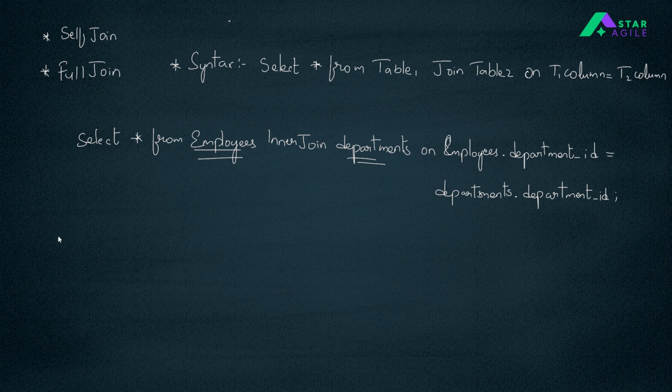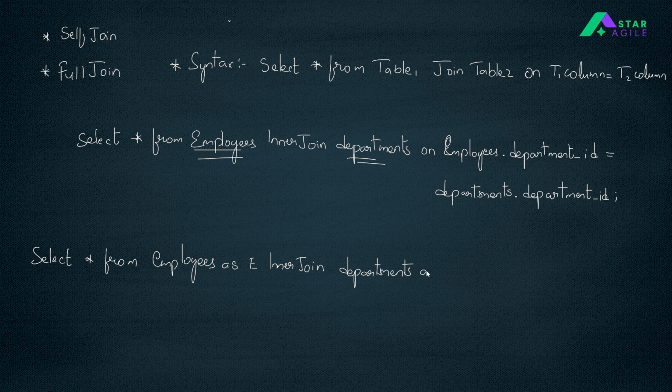Okay, so simply what I can write is select, so let's say star from employees as E, inner join departments as D. See, I am just giving a shortcut name.